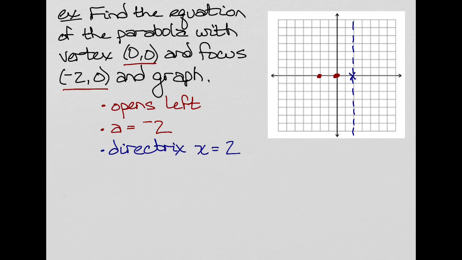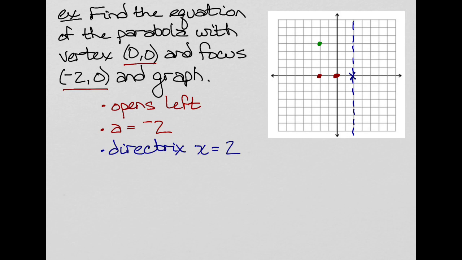Now we need to know a width, how wide the parabola is. And for that we need the endpoints of the latus rectum. The latus rectum is a segment that goes through the focus from one side of the parabola to the other, and it's going to go 2A in either direction. So starting from the focus, I'm going to go 2 times 2, which is 4, in both directions.